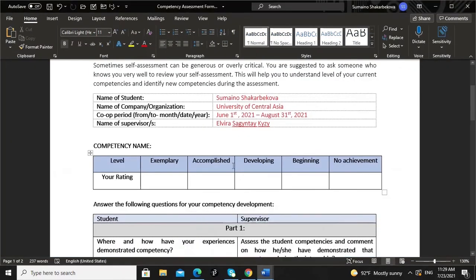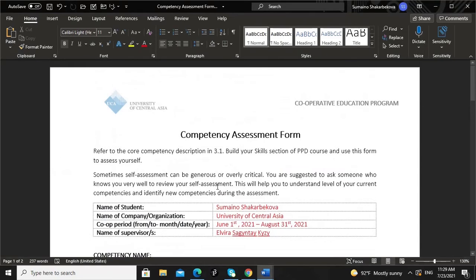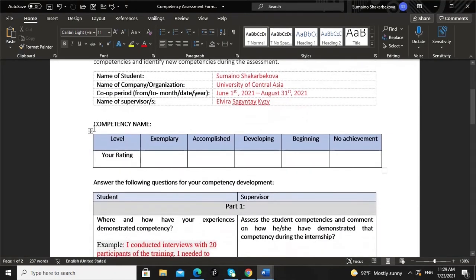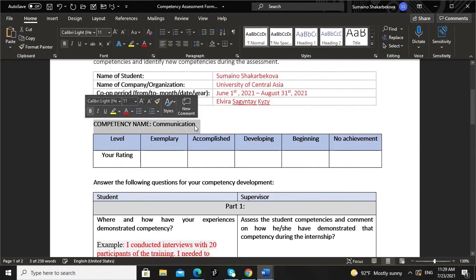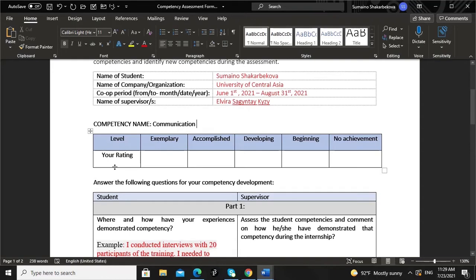Going back to our competency assessment form, once you have understood what competency is and chosen your competency name, for example, in this case, I might choose communication, right? Once you choose your competency name, you should rate those competencies.